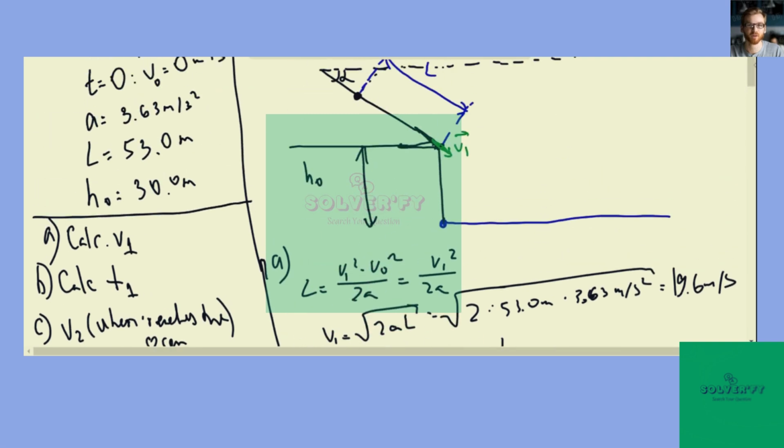which asks us to calculate the velocity v2 when the car reaches the ocean. After this point, the trajectory of the car will be parabolic.